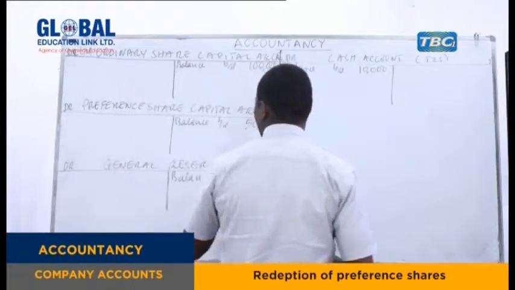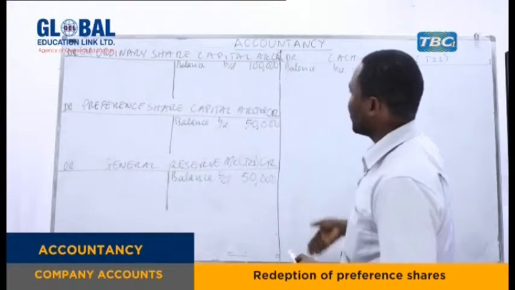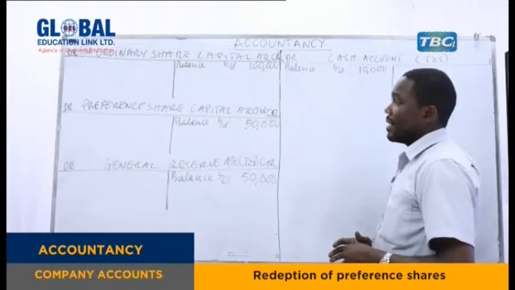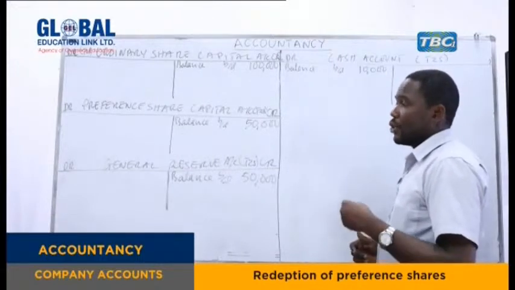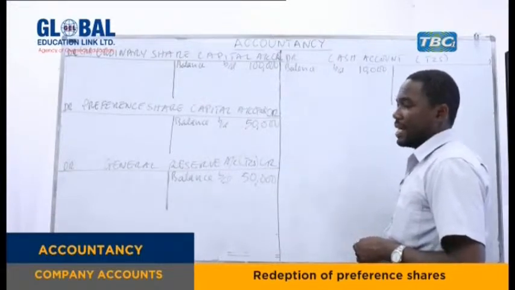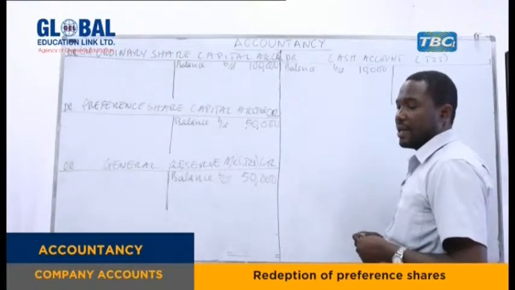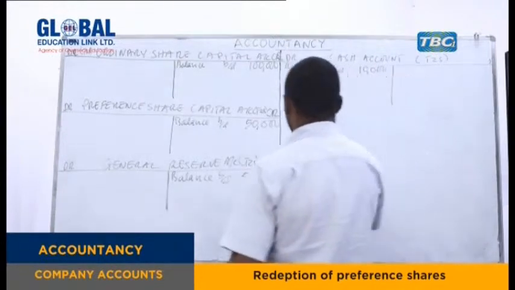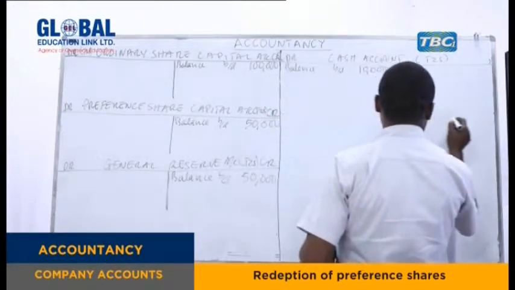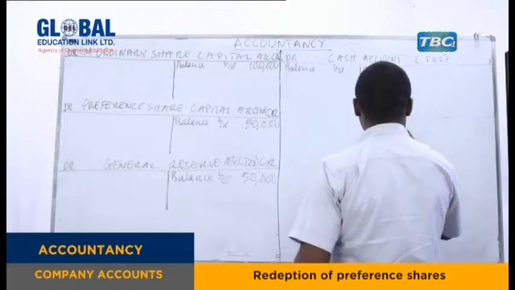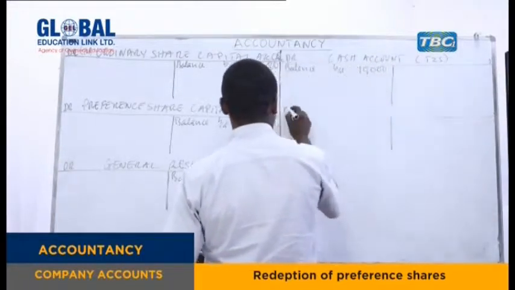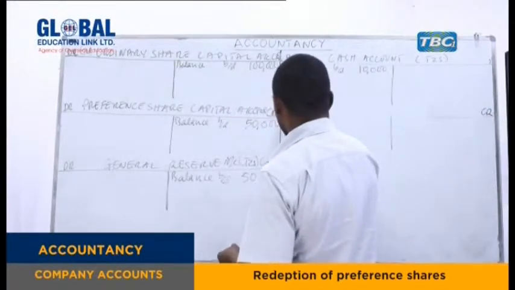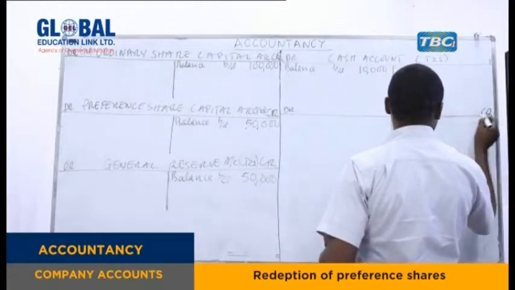So let us now see how we can finance this redemption. We are told that to finance this redemption, we issued 40,000 ordinary shares of one each, and these shares were issued at par. If we issue at par, we are going to receive the same value at nominal, and of course we are going to open up an account for ordinary share applicants.